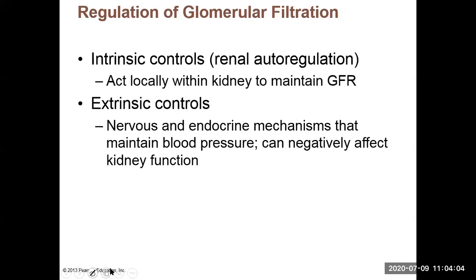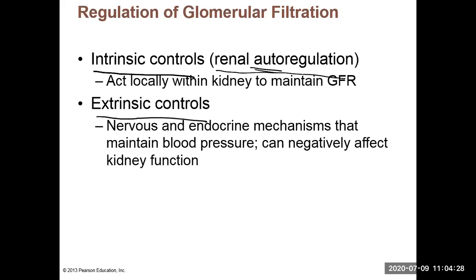There are two types of regulation. One is called the intrinsic control mechanism. The other is called the extrinsic control mechanism. Intrinsic control mechanism is called renal autoregulation. Autoregulation means it occurs automatically, right? It's acting locally within the kidneys to maintain the GFR.